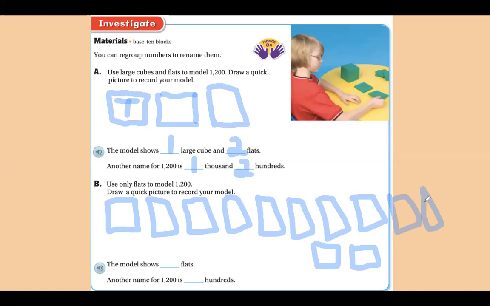Here we made 10, plus 2 more. 10 plus 2 equals 12. So the model shows 12 flats, so that means another name for 1,200 would be 12 hundreds. So you could call this number 1,200, or you could call it 12 hundreds. I want to go back to my notes.